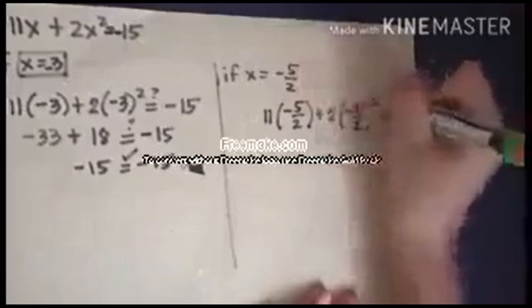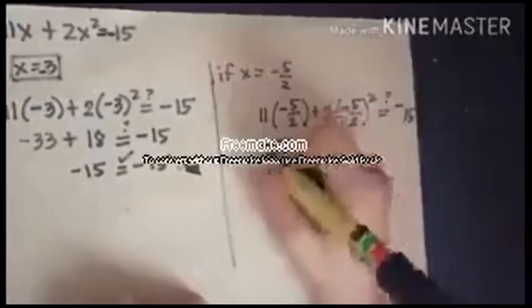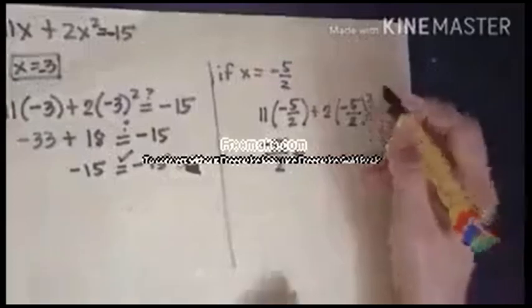Is it equal to negative 15? Okay, so 11 times negative 5 over 2 is negative 55 over 2 plus 2 times negative 5 over 2 squared.